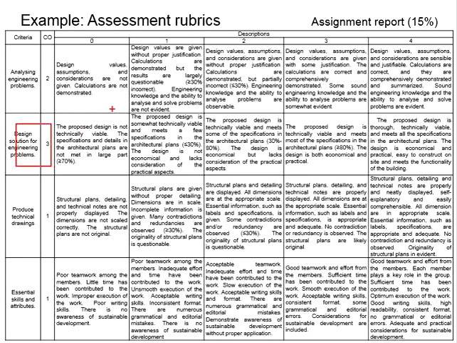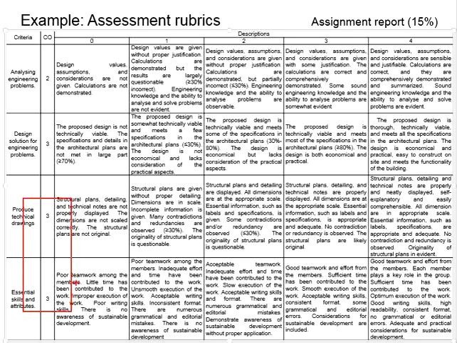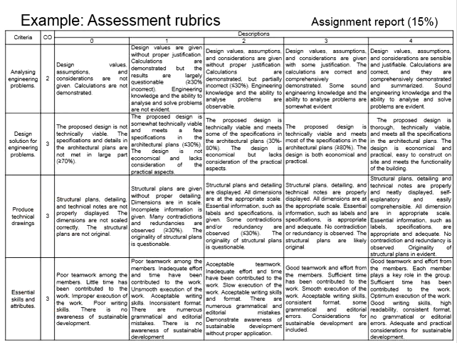Design solutions for engineering problems shall be CO3, and so on. Also, you should make known to the students what the ultimate requirements are, how the students can score well for their assignments. The performance criteria should be explicitly indicated. This is about the assessment rubrics.